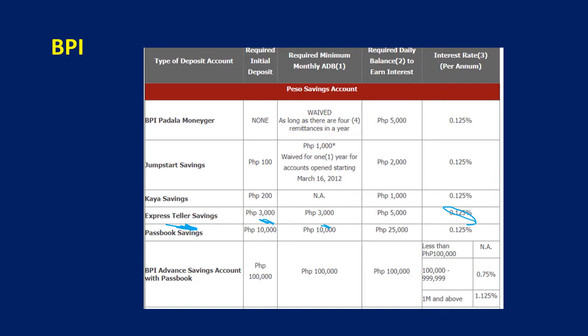Now, for the other accounts like the BPI Advanced Savings Account with Passbook, although the interest is bigger, right? 0.75% and 1.125%, it requires a bigger amount of deposit. So in this case, you need 100,000 and you can only avail the 1.125% if you invested 1 million and above. Okay?